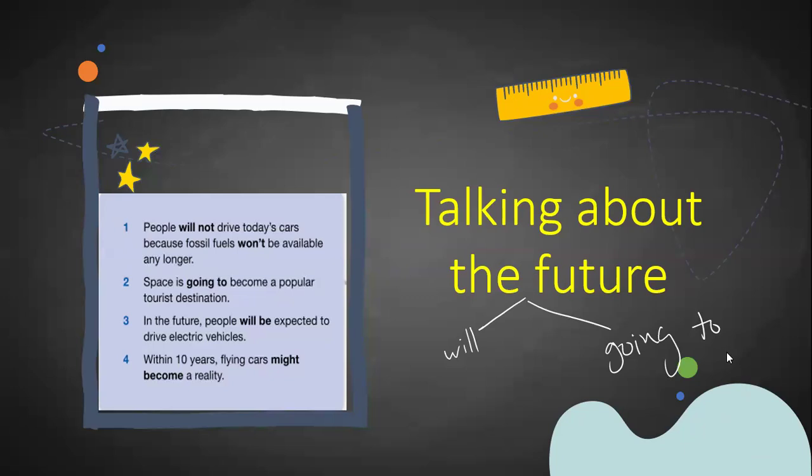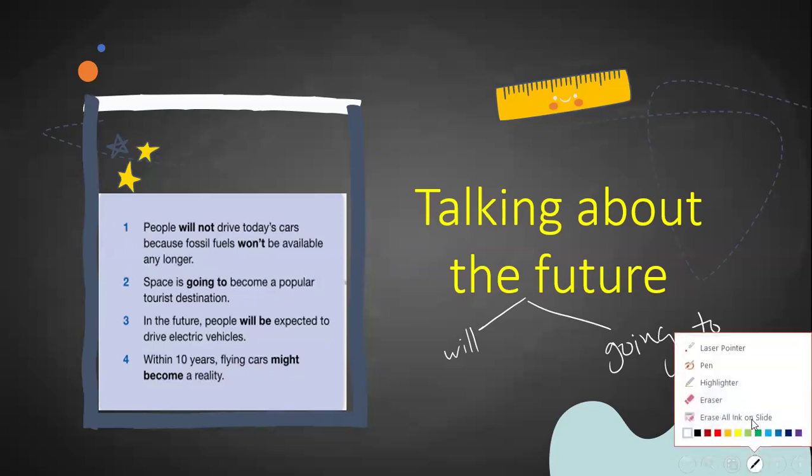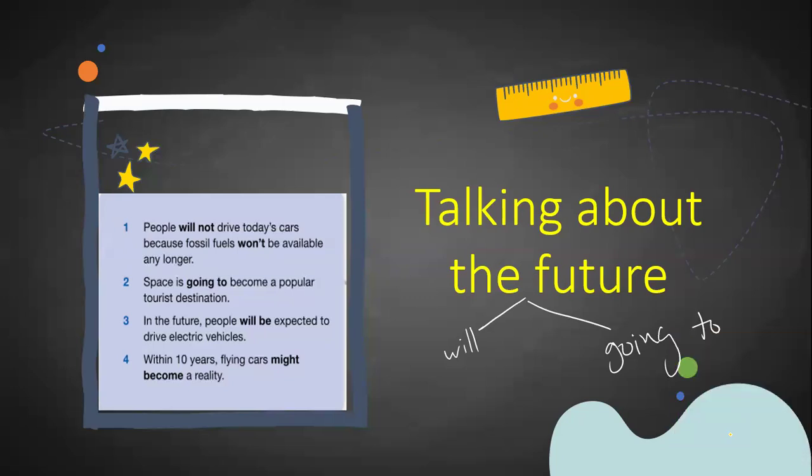Now look at my explanation here. Will is formed like this. First of all, we have to start with the subject. After that, will, then the main verb.